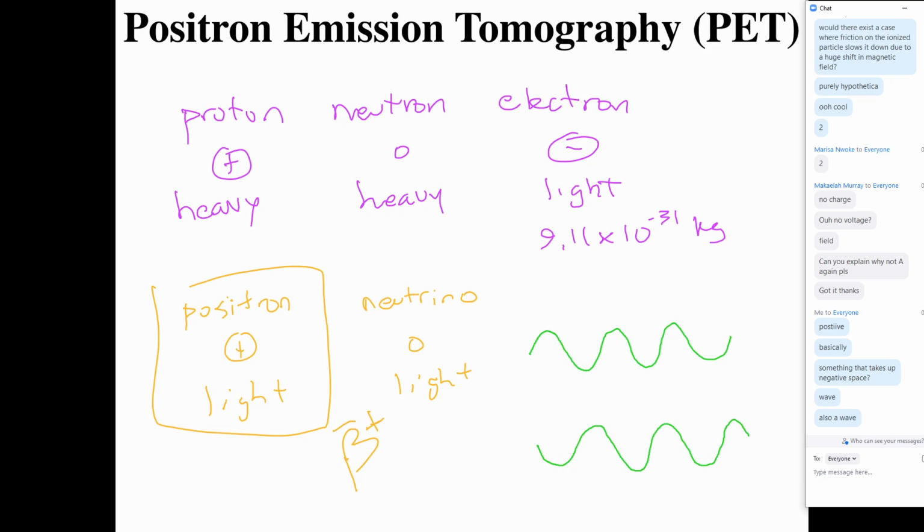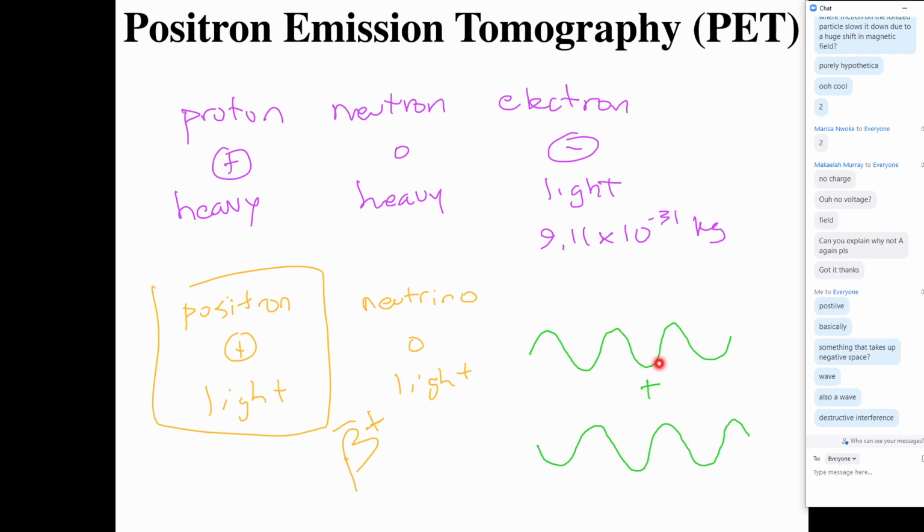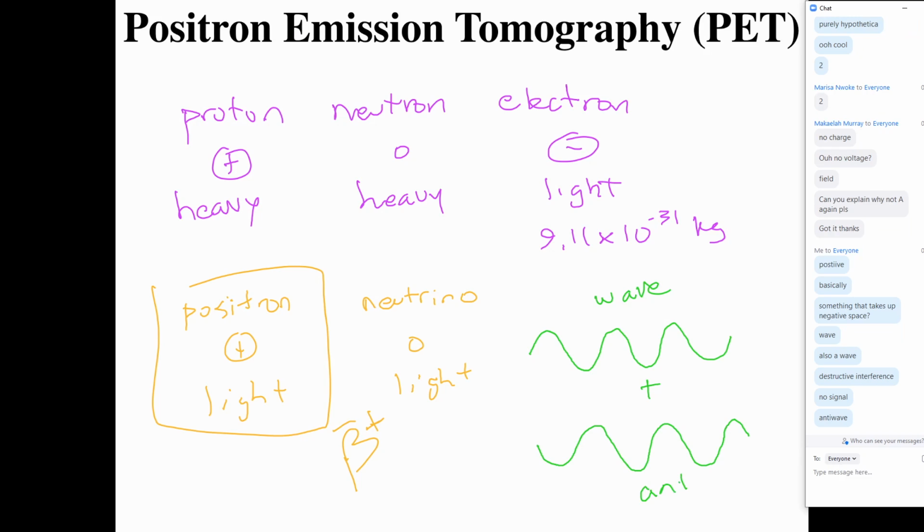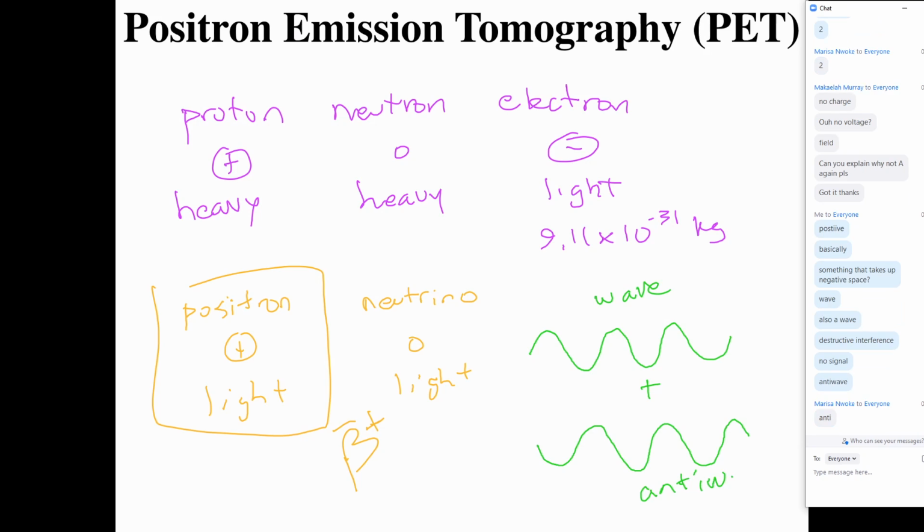Looks like a wave, but if I try to put the two together, going down and going up, add them together, what happens? Destructive interference. So can I safely say one is a wave, the other one relative to that is an anti-wave? Did the anti-wave cancel the wave?